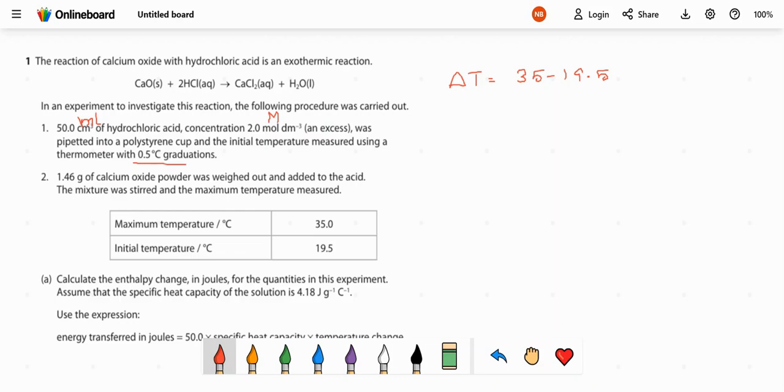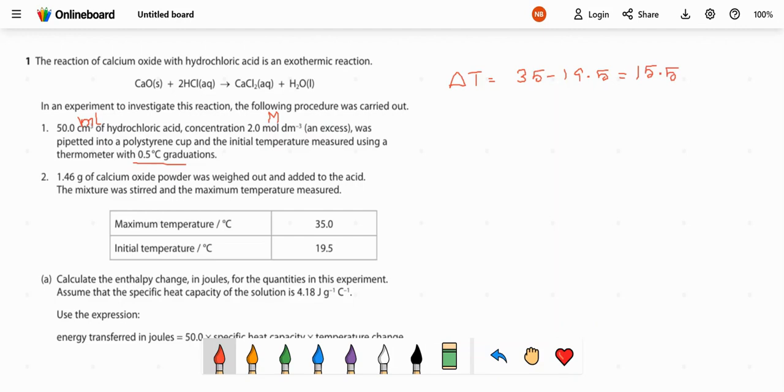In degree Celsius as well as in Kelvin, you will get the same change in temperature. So don't bother about the unit in the delta T case. So delta T will be 15.5.